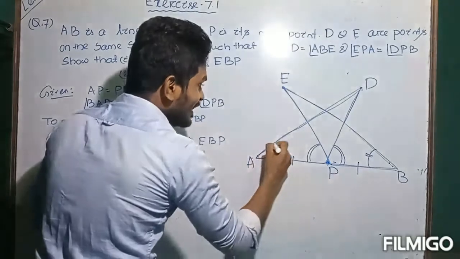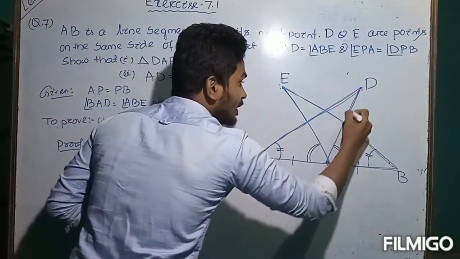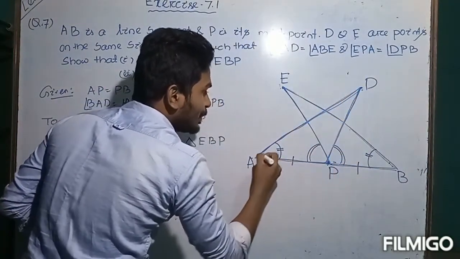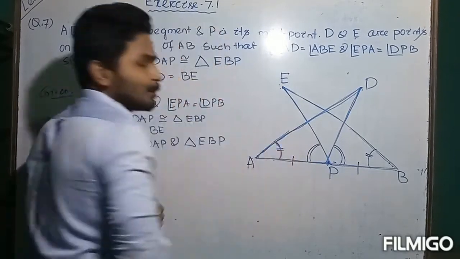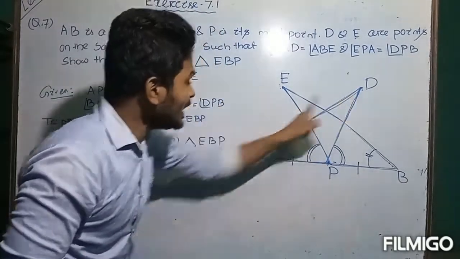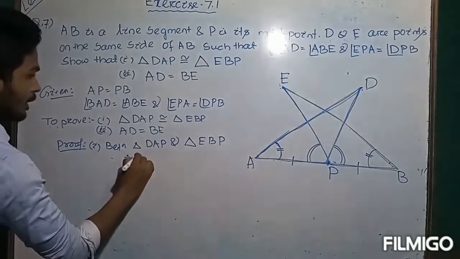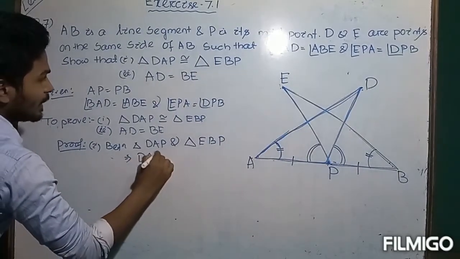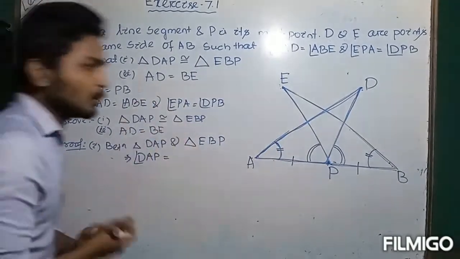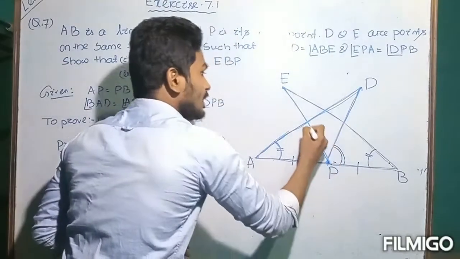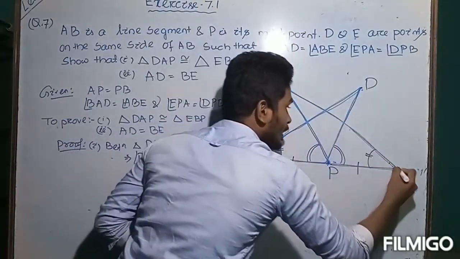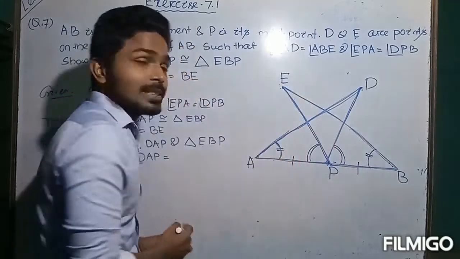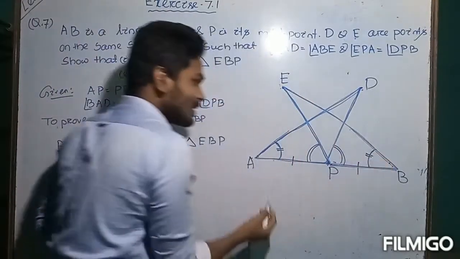See, in this triangle ADP, this angle, that is DAP, is equal to, in this triangle, which angle? This angle, because it is given.